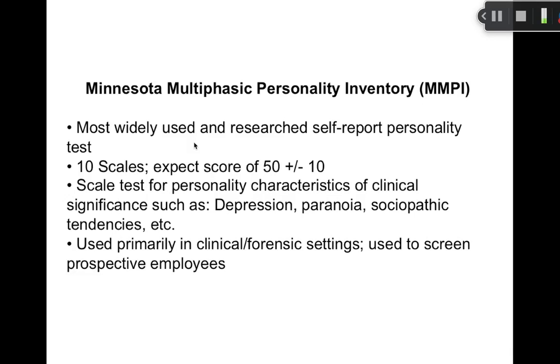If you want to just use a part of it, you can. You can expect to score somewhere around 50 plus or minus 10 on each of the subscales. So 50 is right down the middle where most people score, and if you're within plus or minus 10 of 50, between 40 and 60, you would be considered to be falling within the normal range.